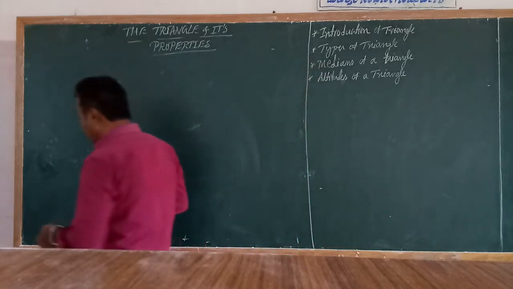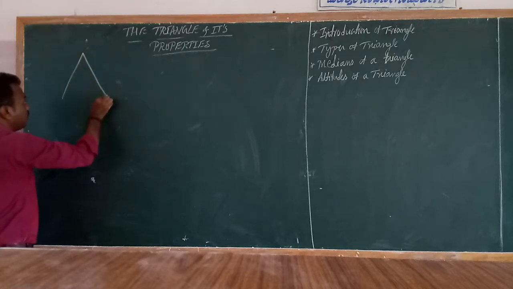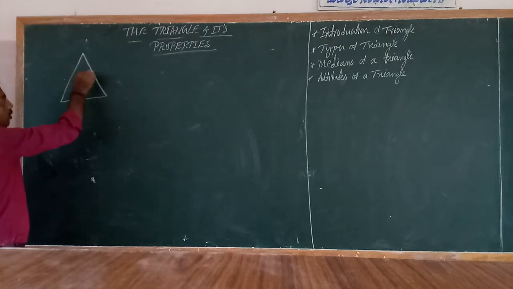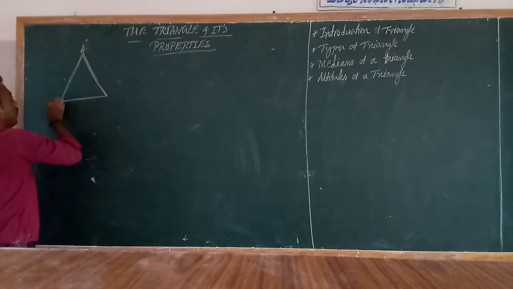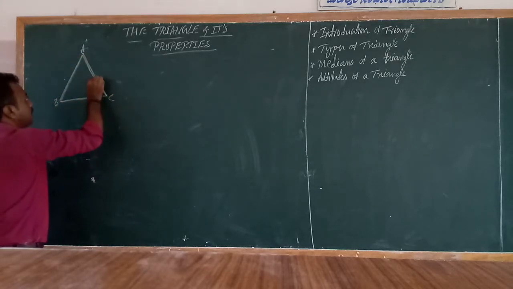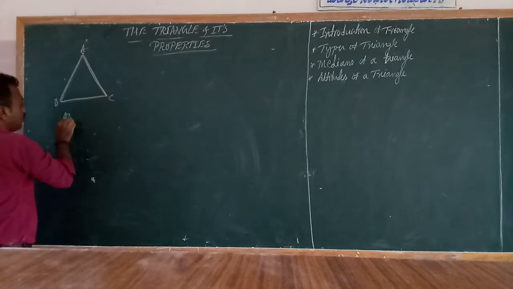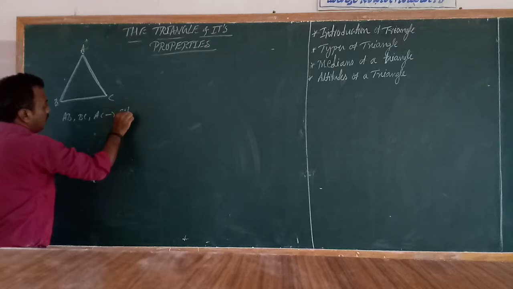See, what do we mean by a triangle? A triangle has 3 sides. It is a closed figure, bounded by 3 line segments, with 3 vertices and 3 angles. ABC is one of the triangles, and AB, BC and AC are the sides of the triangle.